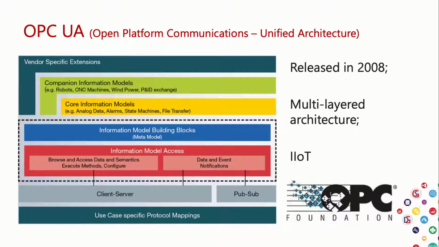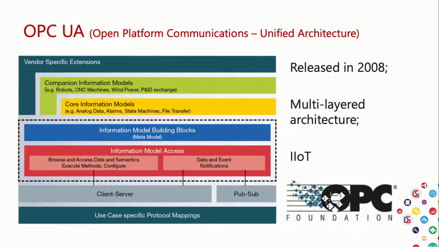This is a service-oriented architecture. You can see on the diagram it's a multi-layered architecture. With OPC UA we can talk to vendor-specific extensions, CNC machines, robots, PLCs, for example. Today we will simulate a PLC in the demonstration, and in the middle we have the OPC UA layer, where we can connect as client-server or as pub-sub.